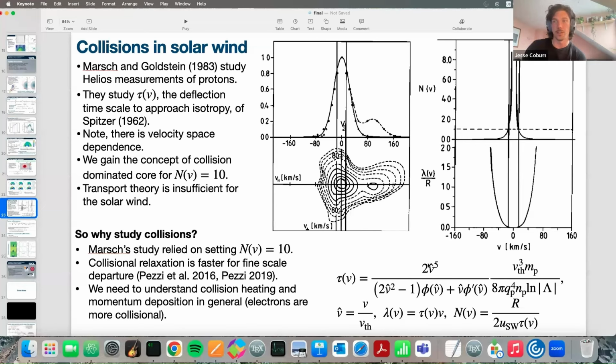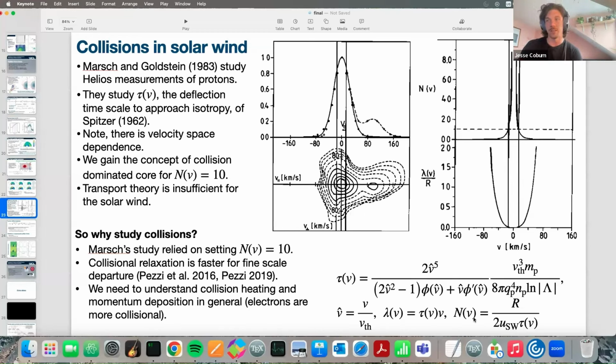There's this v hat, which is v over the thermal speed, and then you have your Coulomb logarithm in here. These are error functions, derivative of an error function as well. And so what they do in the paper is they then define this.